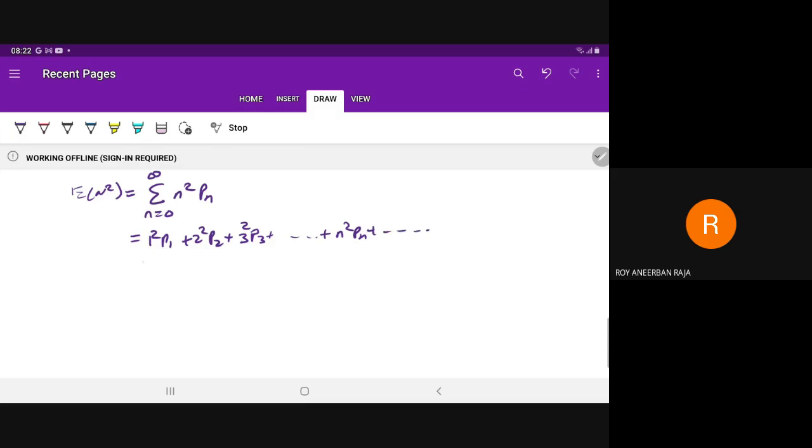Pn value is rho power n into P naught. So if you take P naught common, it is 1 square rho, 2 square rho square, 3 square rho cube, 4 square rho power 4, plus n square rho power n, and so on.